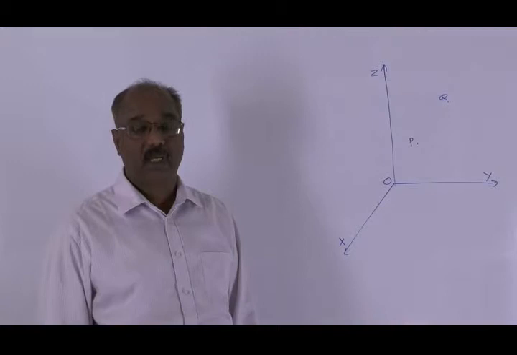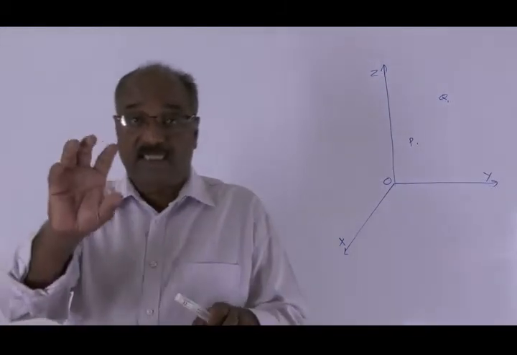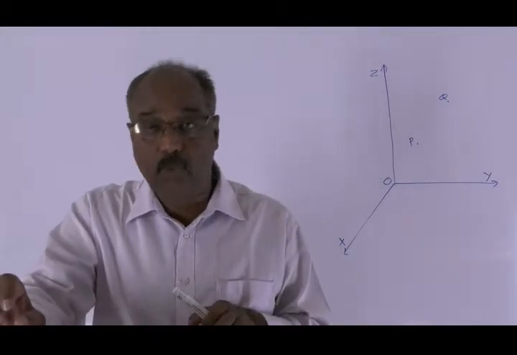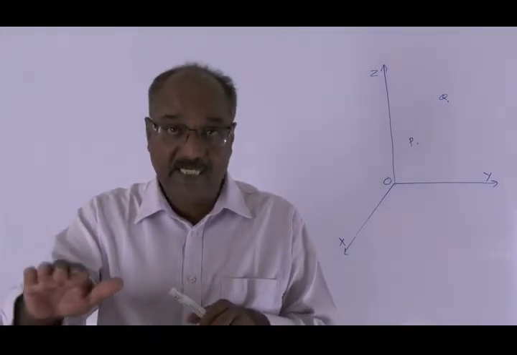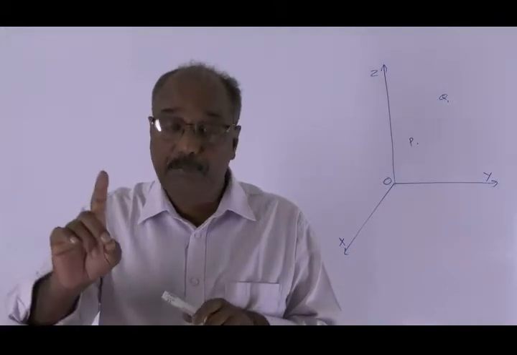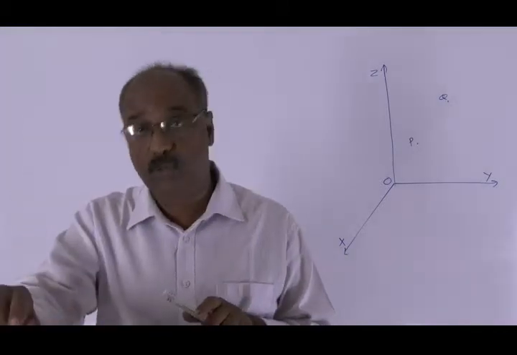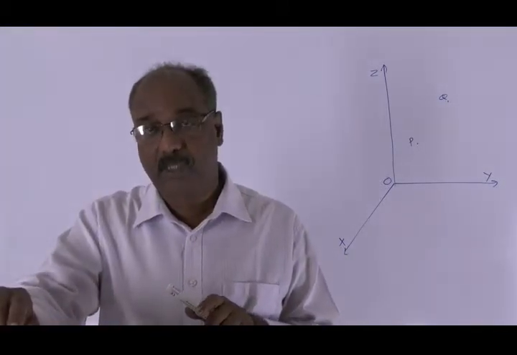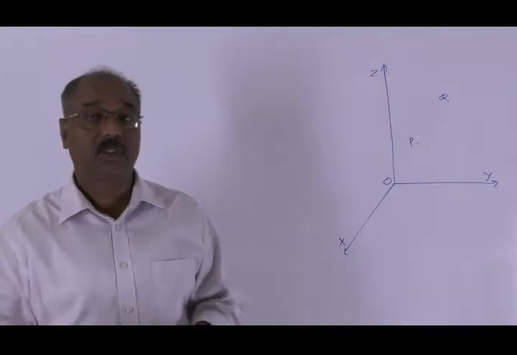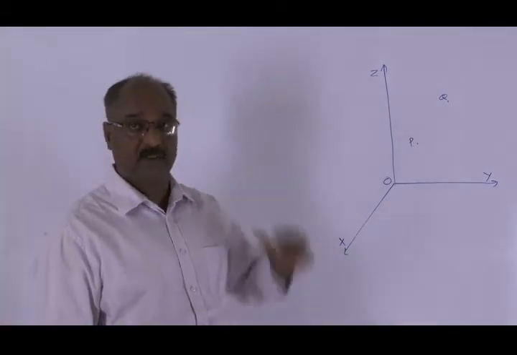Now, for this, what we do is construct a rectangular box with the sides parallel to the coordinate planes, and PQ is one diagonal of the box. A rectangular box whose sides are parallel to the coordinate planes.